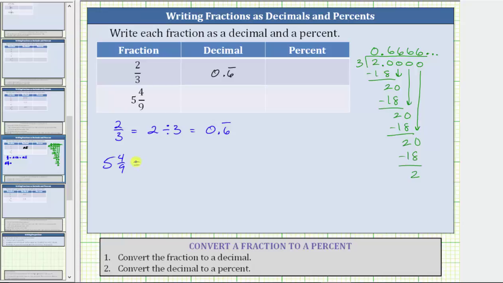But let's go ahead and write 5 4/9 as an improper fraction, where the denominator remains 9 and the numerator is 9 times 5 plus 4, which is 49. 49/9 is equivalent to 49 divided by 9. Let's find this quotient to write 5 4/9 as a decimal.